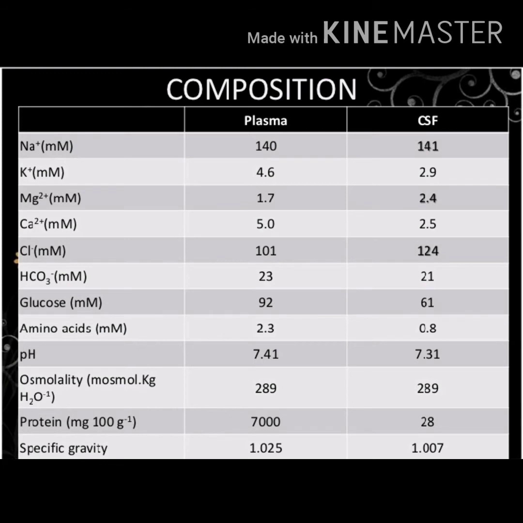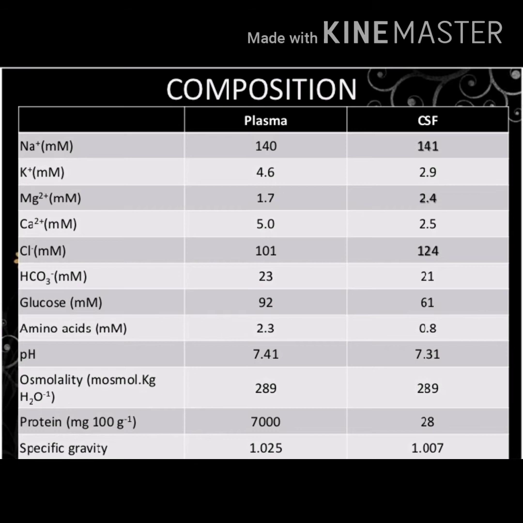We all know CSF is a clear colorless liquid. Compare the plasma and CSF: what are the different ranges? It has sodium, potassium, magnesium, calcium, chloride, bicarbonates, glucose, amino acids, pH, osmolarity range, protein and specific gravity.